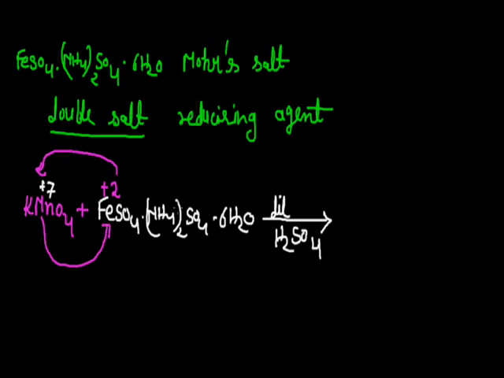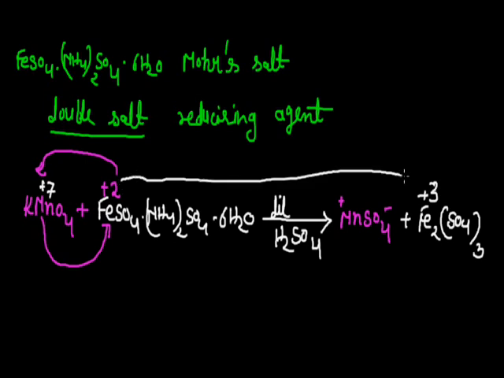Now after the reaction, we obtain Mn+2 in the MnSO4 form, and in MnSO4 the oxidation state of manganese becomes +2. The other compound is Fe, which is oxidized into +3, so the compound becomes ferric sulfate, Fe2(SO4)3. So in the overall reaction, the +2 oxidation state of Fe is converted into +3.